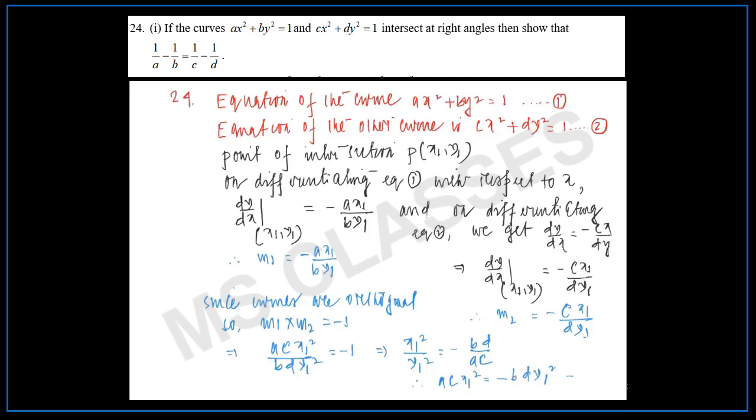Now, since this point of contact is lying on the curves, it must satisfy the equation of the curves.